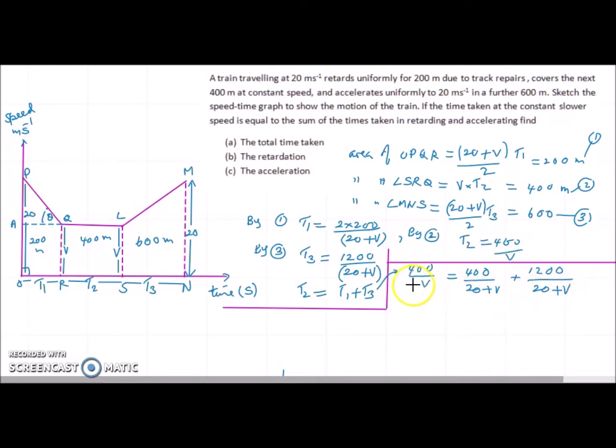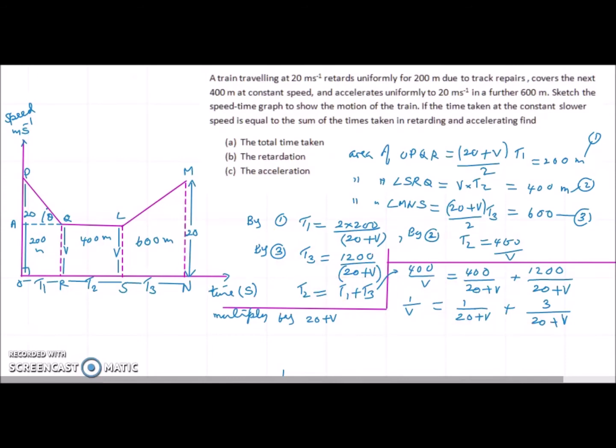Now if we solve this one, we get the value of v. First we divide this equation by 400. Then we get 1 over v equals 1 over 20 plus v plus, when we divide 1200 by 400, we get 3, so 3 by 20 plus v.